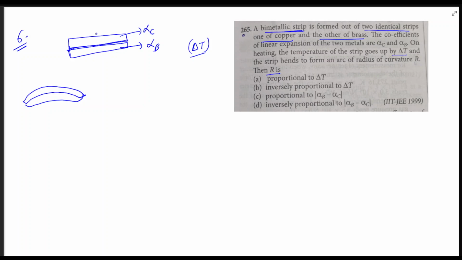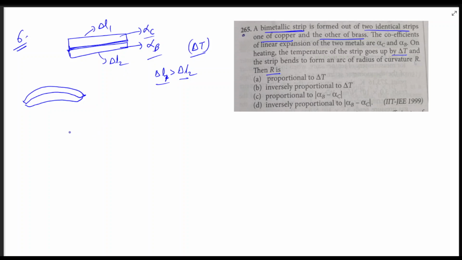The change in length in copper is delta L1, and in brass it is delta L2. Maybe delta L1 is more than delta L2; I don't know which one expands more. If this is the case, it will bend like this, and in the other case, it will bend like this. So it depends on alpha C and alpha B.